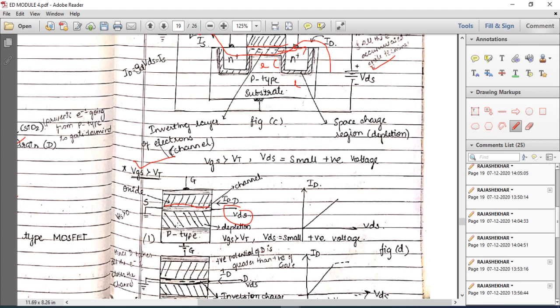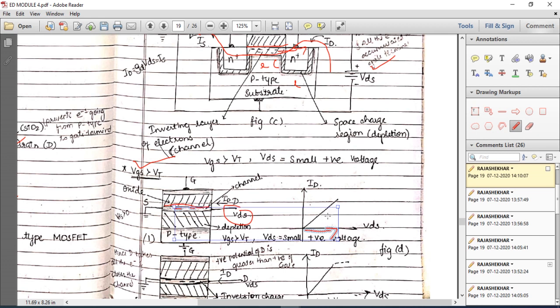These electrons are present in the P-type material, as shown here, and form the channel. So this is the channel. Now when I apply the VDS, the drain to source voltage, keeping a particular VGS, the drain current starts increasing exponentially. Okay. So now this is the drain current, which is increasing exponentially. Now I can say that the current flows through the channel. So this is for the first case which is shown there.